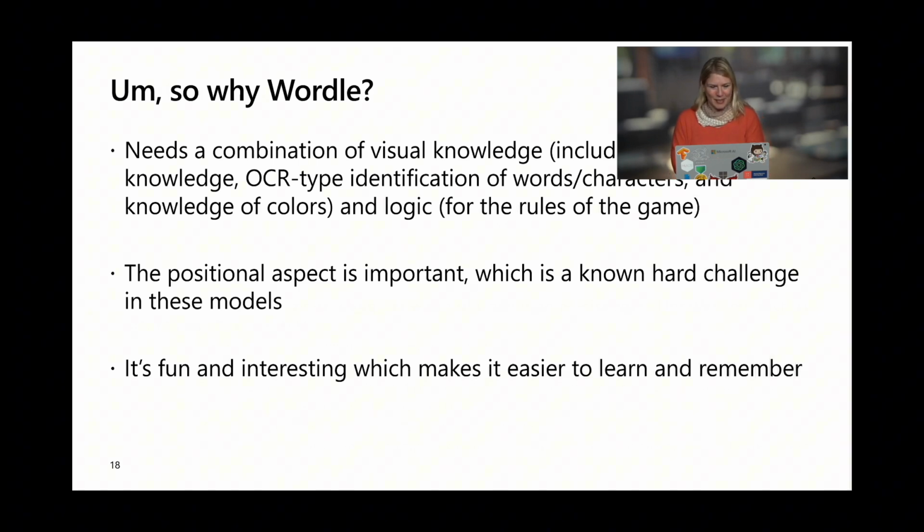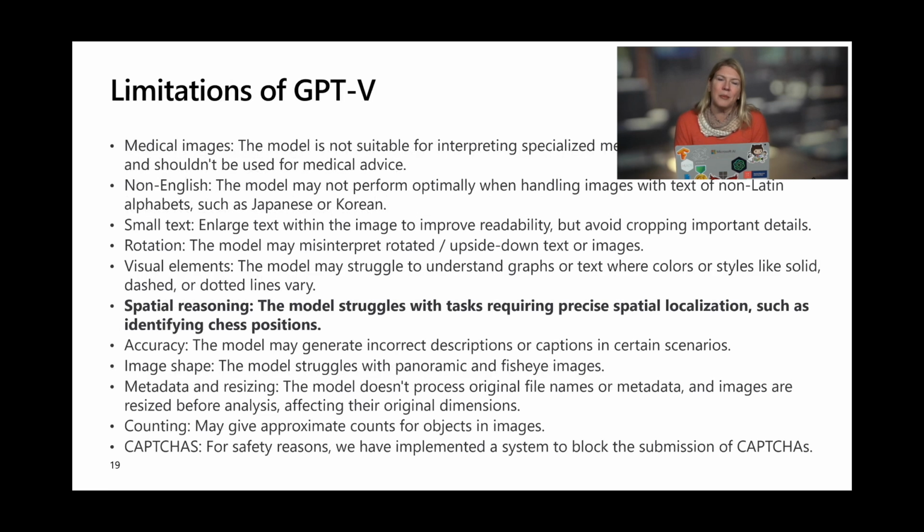All right, so let's also discuss the limitations of this model. This was pulled straight from OpenAI's website. They have a vision link that goes through these limitations. There's a number of things here. I'll leave most of this as an exercise for the reader. But the one thing I do want to call out is that spatial reasoning is a known challenge here.